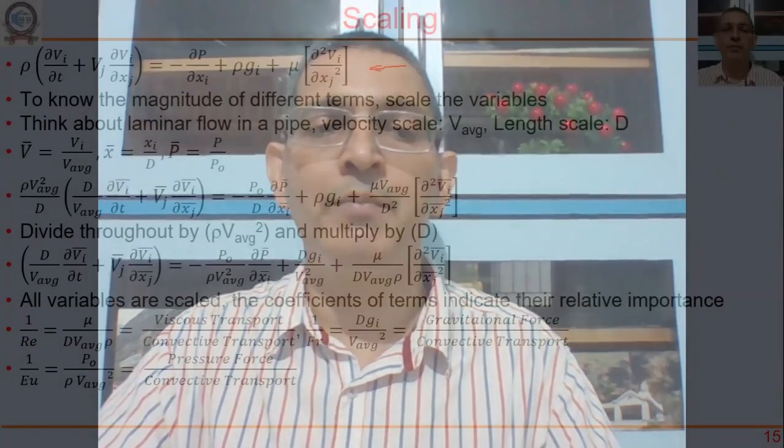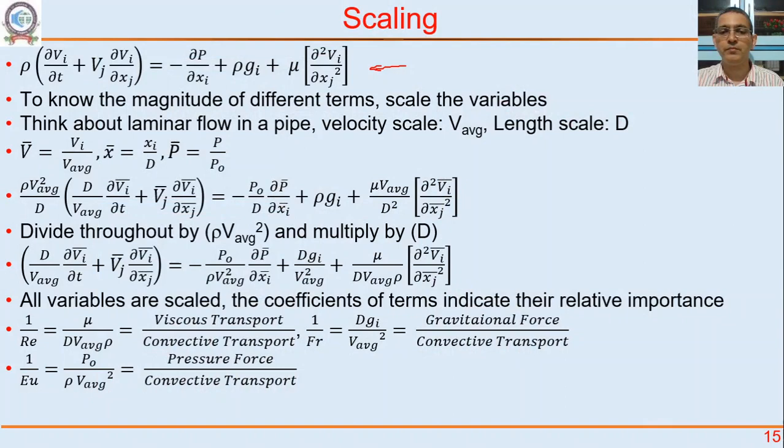Let's think about this in terms of momentum transfer. Imagine what we are saying. 20 rupees for one apple. 2 rupees for one banana.